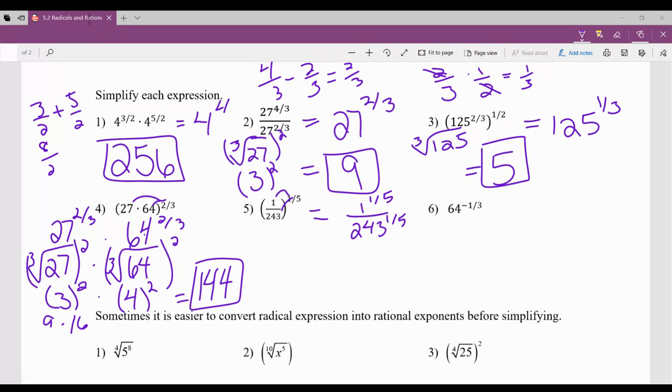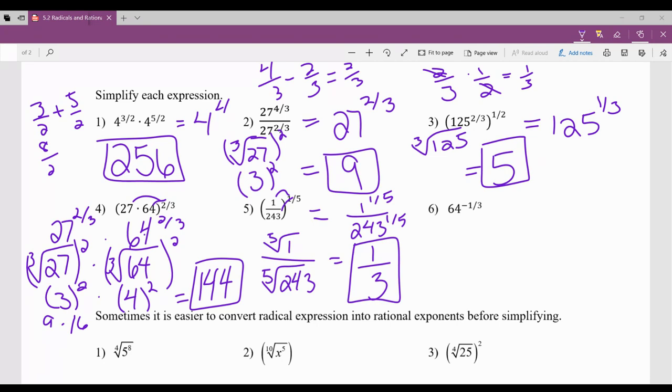So power over root, so we've got the 5th root of 1 over, and then I don't really have to do the power of 1, and then the 5th root of 243. So the 5th root of 1 is 1 over the 5th root of 243. What number times itself 5 times is going to give me 243? And that's 3, so 1/3.